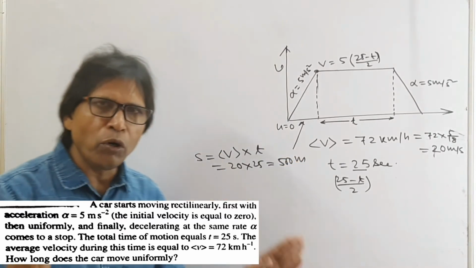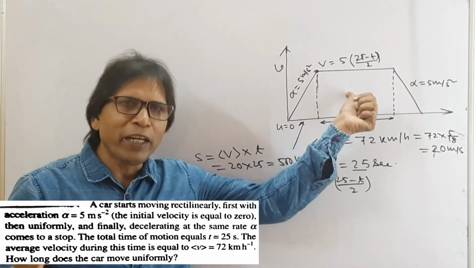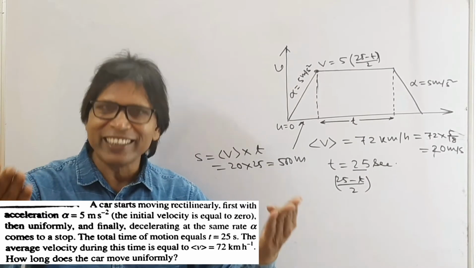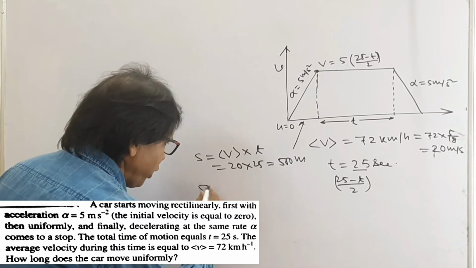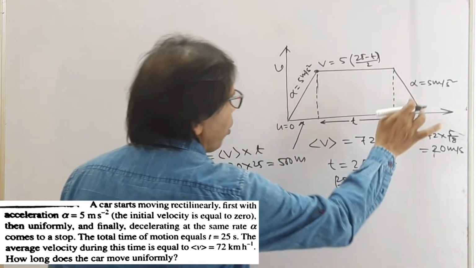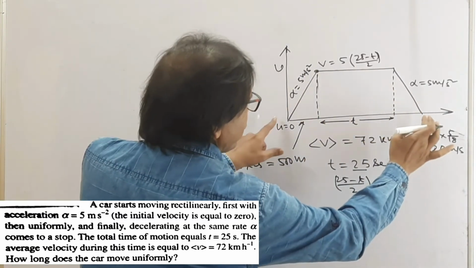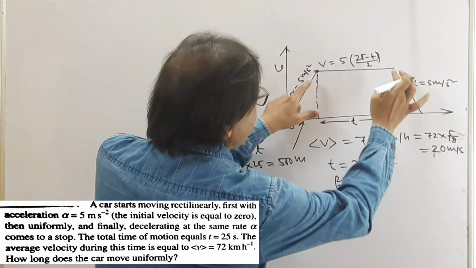Now we know the area of the VT graph gives the distance covered in a straight line path. So 500 equals the area of this graph, which is a trapezium with parallel sides 25 and t.